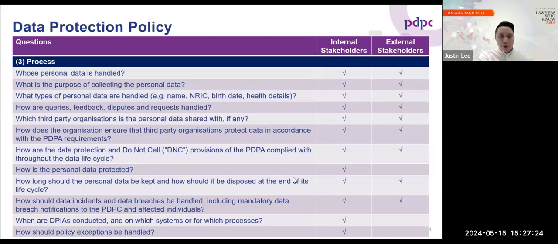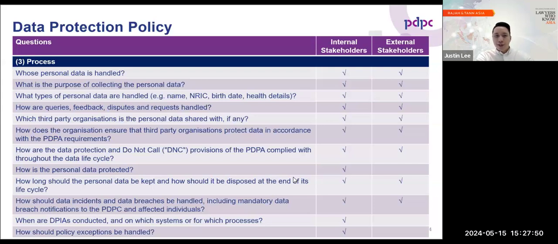The next one I want to zoom in on is how data incidents and data breaches should be handled, the third one from the bottom. If you recall from the first session, this was a topic that I covered in quite some detail, because when it comes to data breaches, I always say it's a question of when rather than if.